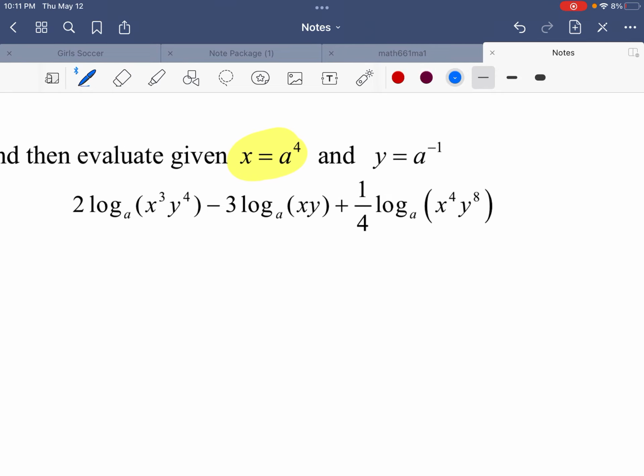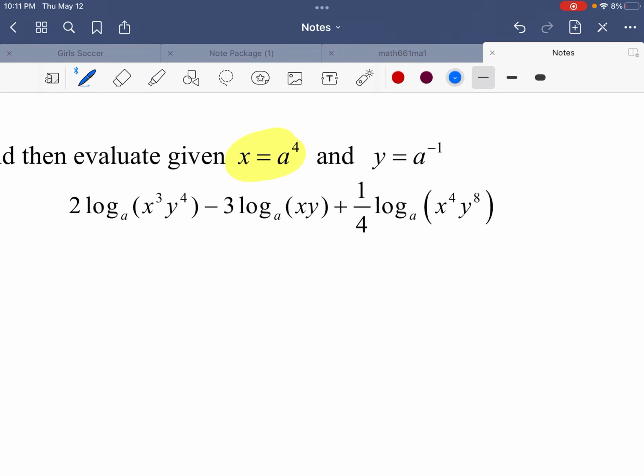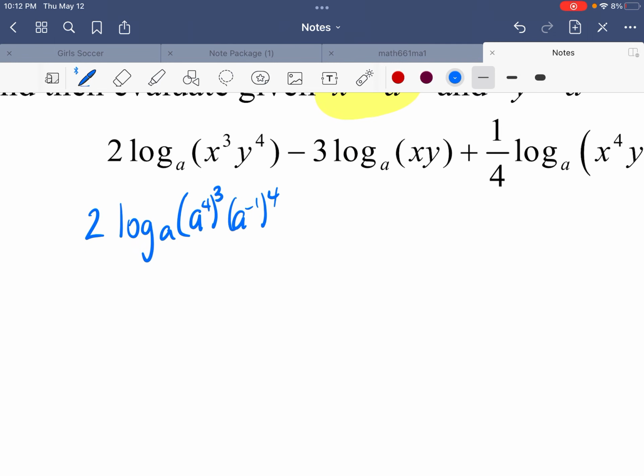Okay, so we got x is equal to a^4, y is equal to a^-1. So let's do some substitution first and just see where we get to. So x is equal to a^4, so we're going to get a^4 cubed multiplied by a^-1 to the 4th power. And let's clean this one up. So a^12 multiplied by a^-4.